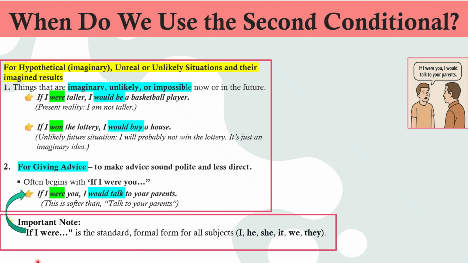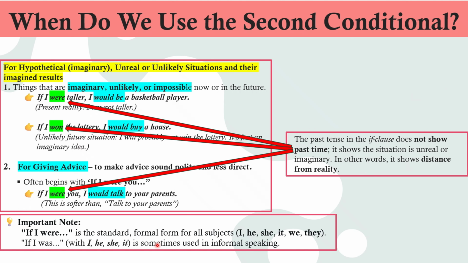We use if I were for both singular and plural subjects, I, he, she, it, we, and they. In informal speech, you may sometimes hear if I was, but if I were is the standard and more formal form. Also remember, the past tense in the if clause doesn't show past time.